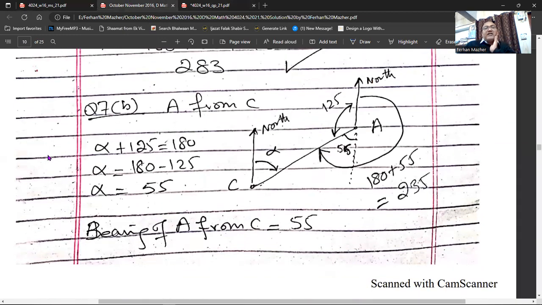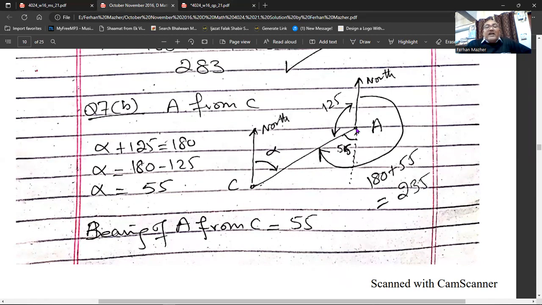Here I have done it with a slightly different method. I know this whole angle already, that's 235. This angle will be 360 minus 235, so that will be 125. These two will be allied angles. Alpha plus 125 equals 180, so alpha equals 180 minus 125, which is 55. So this angle will be 55.